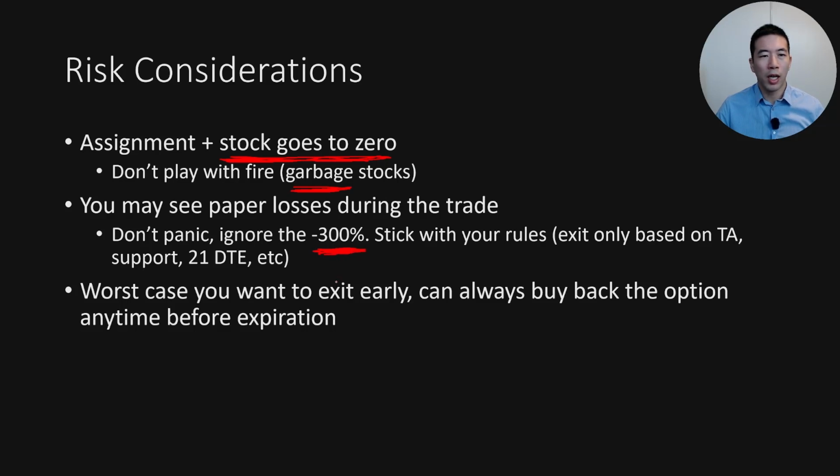Okay. And I want to mention, at any time during the trade, if you want to exit for whatever reason, you can always buy back the option anytime before expiration. You don't have to wait until the expiration date or it hits 0 days to expiration. You don't need to. If you feel like you made a mistake, you open the short put, you can actually close it right away. Option contracts are traded just like a stock.